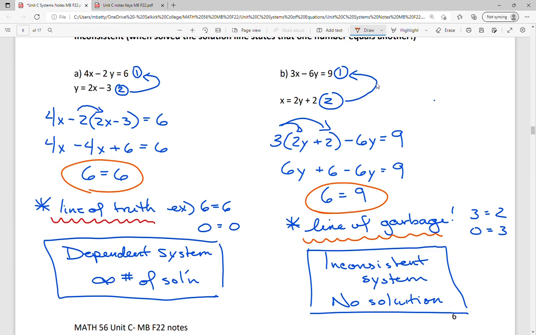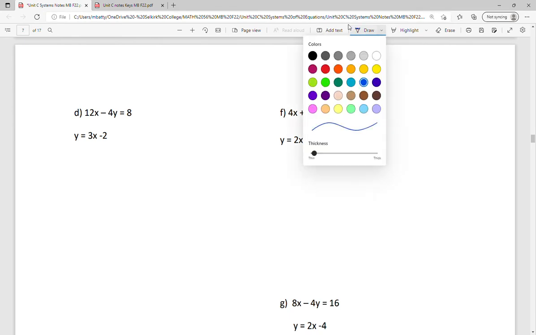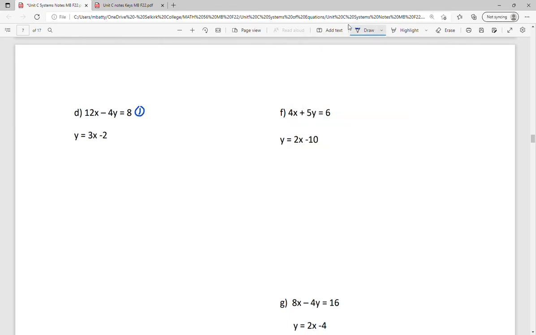So let's walk into the next page with this same approach that we've been doing. You shouldn't have to be able to see when it's going to be one or the other, right? So in this system of equations for D, I can see that my second equation is solved for y. So that's going to have me sub that into equation 1. So where I see a y up top, I'm going to replace it with this 3x minus 2.